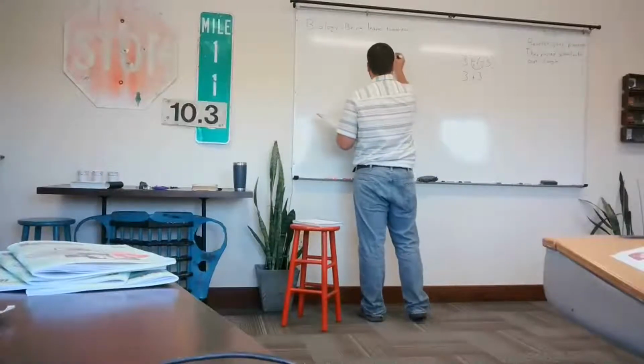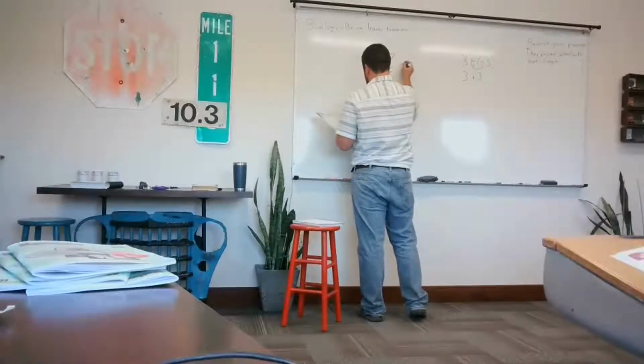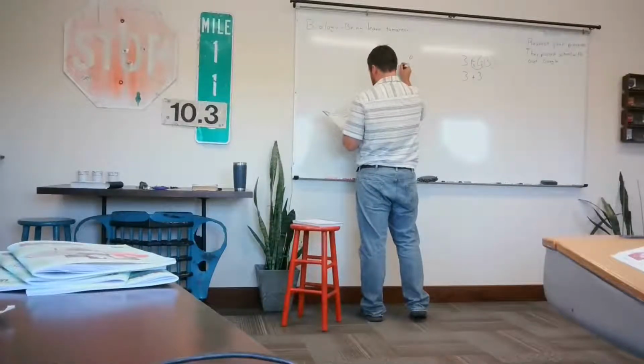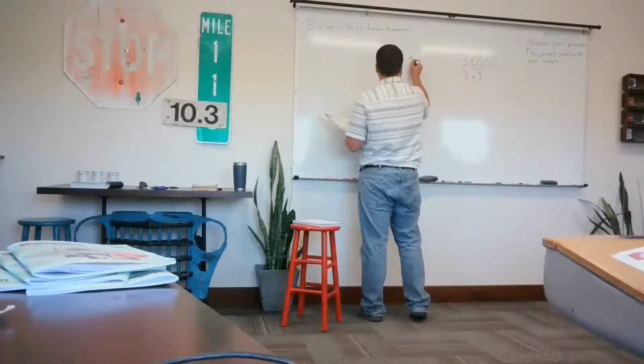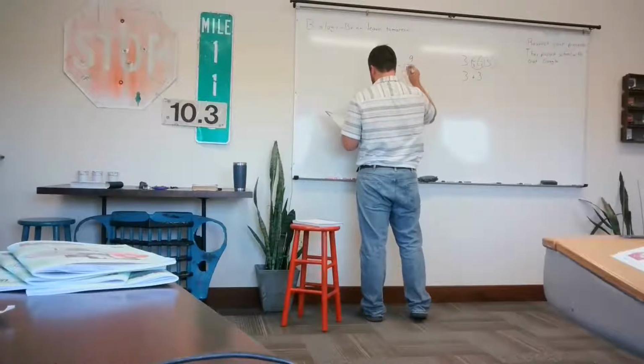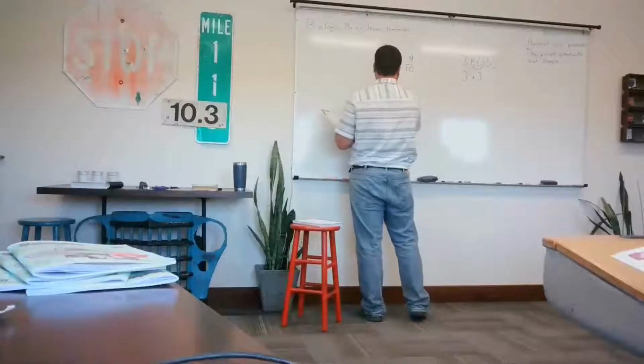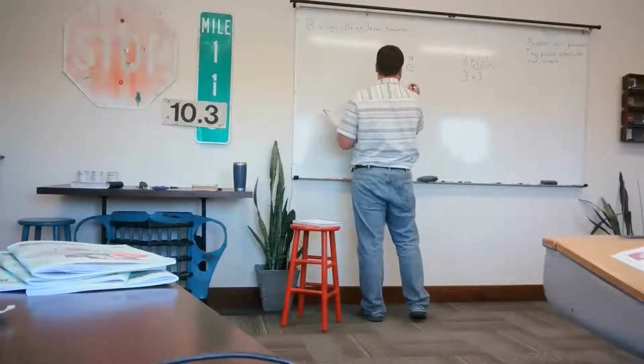You go 7 over 6 divided by 9 over 10. You flip the last one. So 7 over 6 times 10 over 9. Now what?